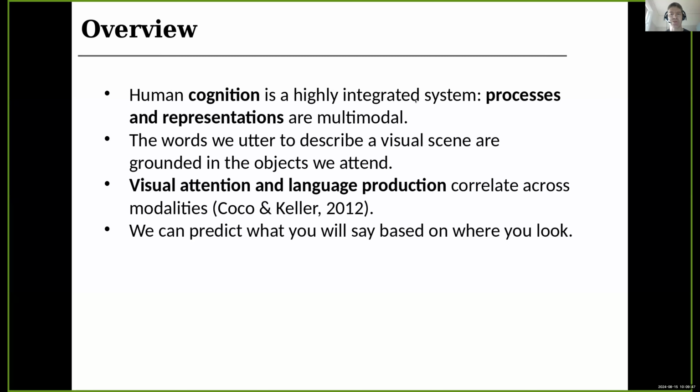Then I'll zoom in on one particular case, which is the interaction of vision and language, in particular in tasks like language production. And I will argue that grounding of the objects that we attend to when we produce language is really important and drives this process. In particular, I will show how this correlation between the two modalities can be measured.